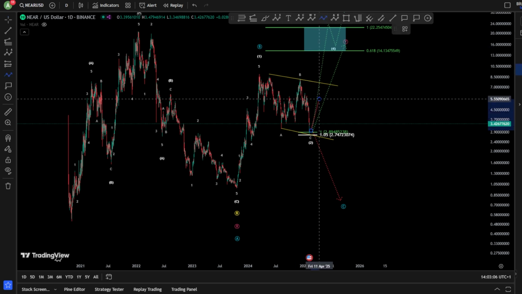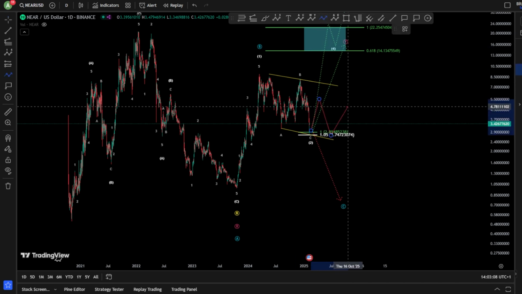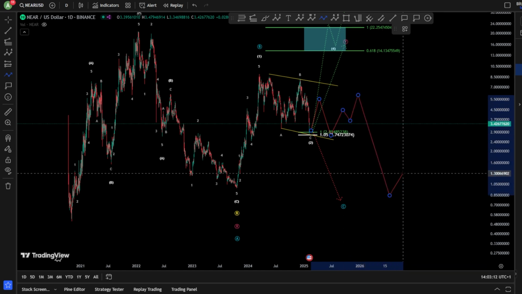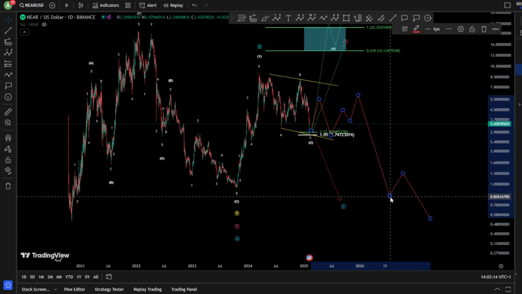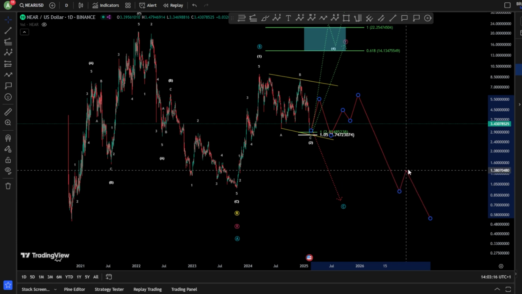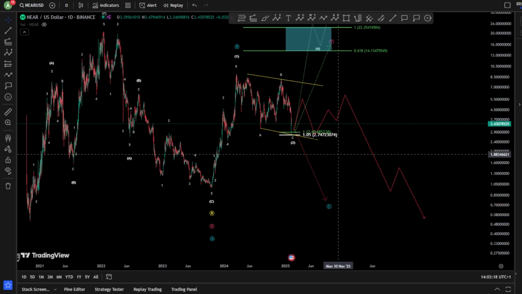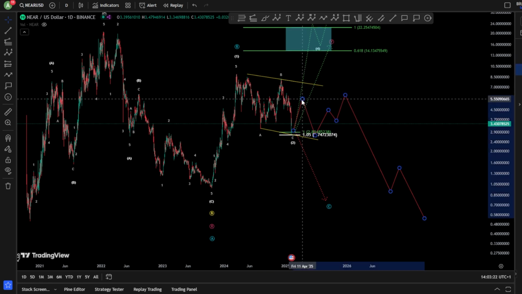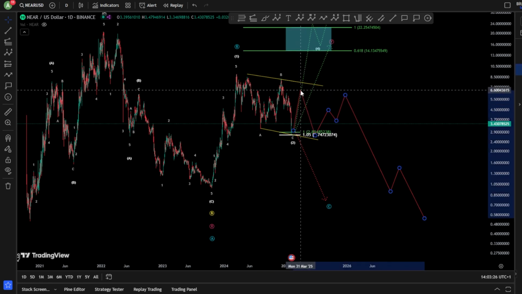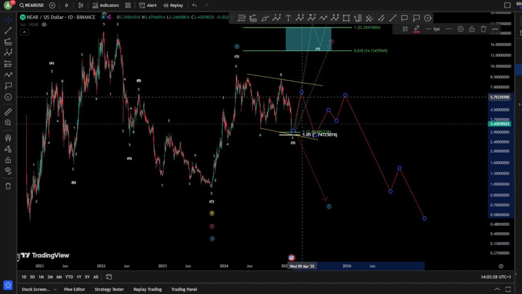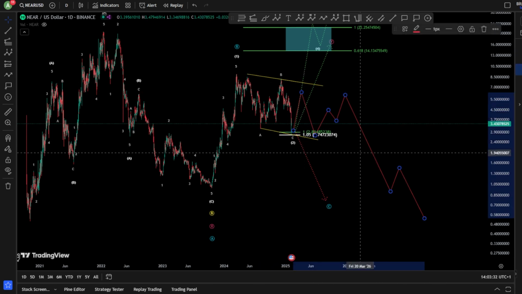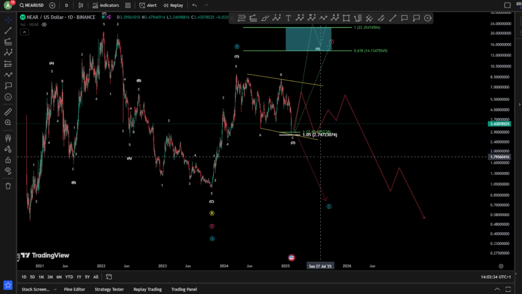So 4, 5, and then A, B, and a C for a wave 2, and then 3, 4, and a 5. So this is another scenario where we can reach probably a 1, 2, 3, 4, 5. But to give this higher possibility, I need to see the leading diagonal first. It's still very early to call this, so it is a very low possibility for me for now.